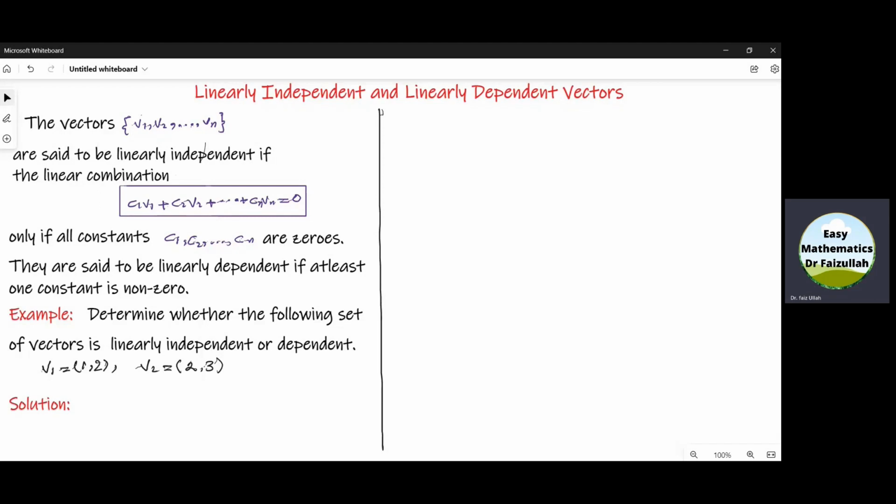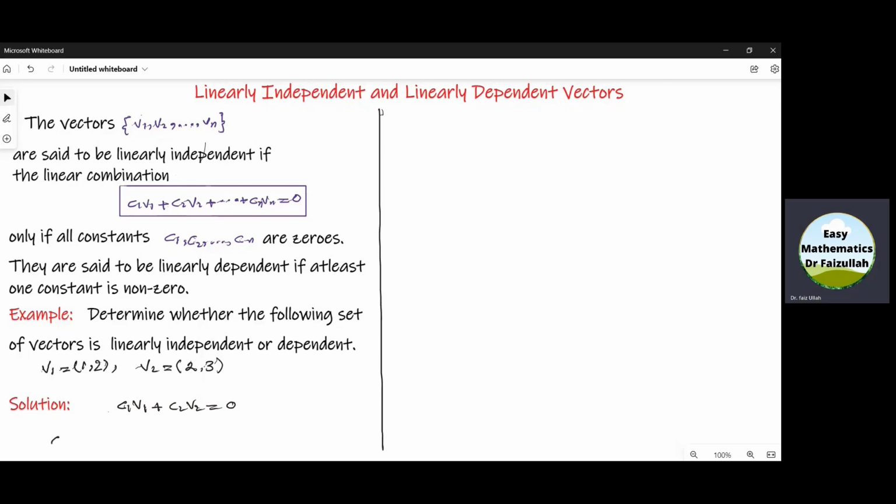In this example, we are given two vectors, v1 and v2. They belong to R square. Let us determine whether they are linearly independent or dependent. So we shall put the linear combination C1 V1 plus C2 V2 equal to a zero vector.